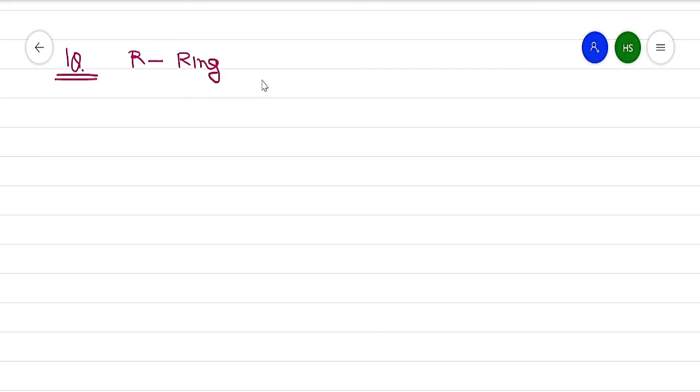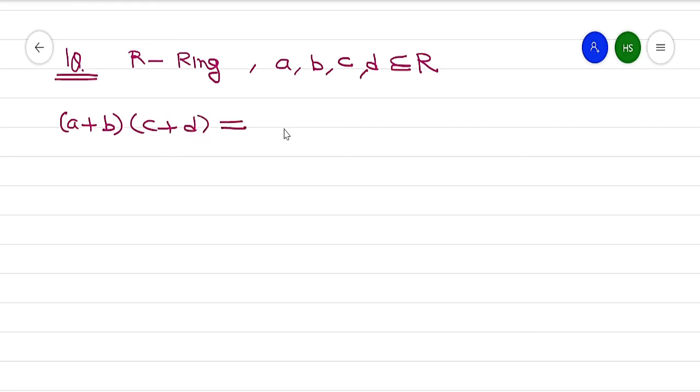This is the given part, and a, b, c, d are elements belonging to R. My aim is to prove that (a plus b) into (c plus d) is equal to ac plus ad plus bc plus bd.